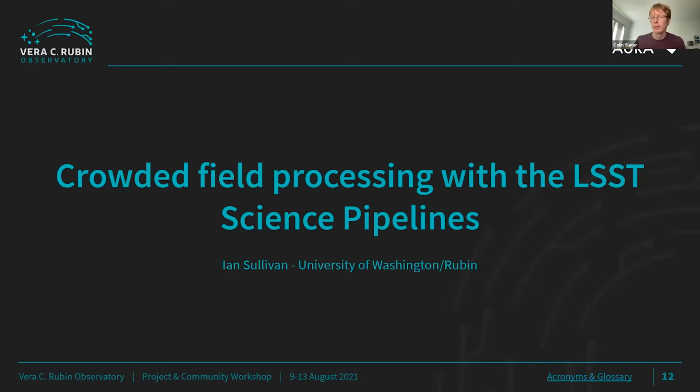So when we talk about the image differencing pipeline, we say that we'll detect a source and then we'll do forced photometry for all the different visits that object might have fallen on in the past. And so that just fits that single PSF to all those different visits.